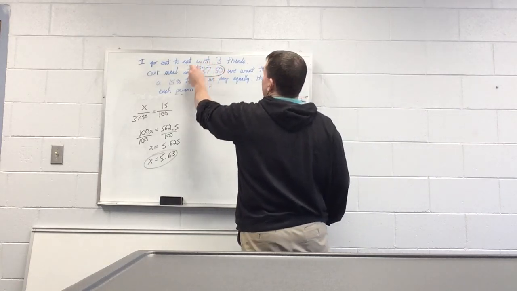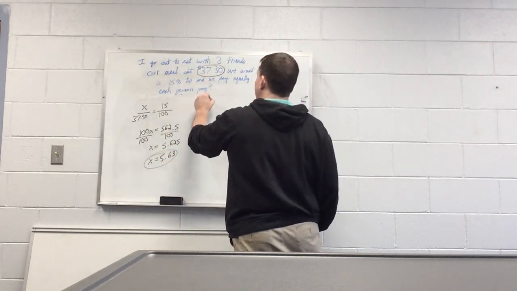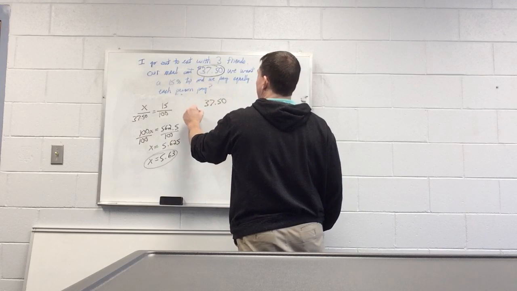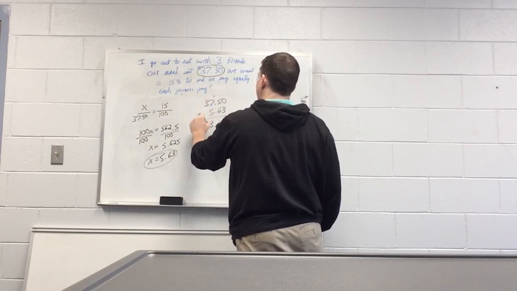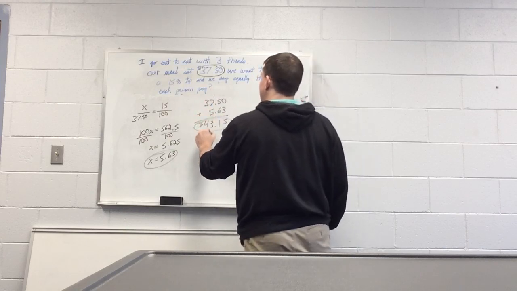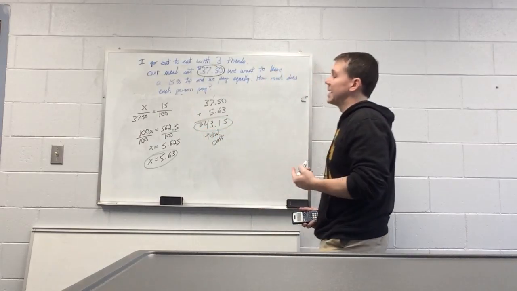It's the price of the meal plus the tip I'm giving. So now I add those together. $37.50 plus $5.63 is $43.13 total cost for meal plus tip.